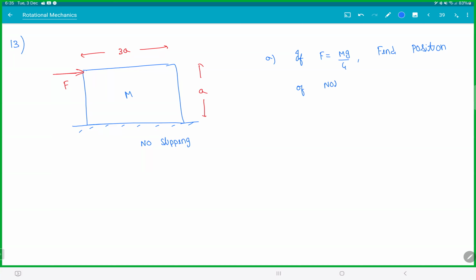So this is what I was saying. So N you should not put exactly below the center of mass anymore. Second question, find F max so that the body won't topple.